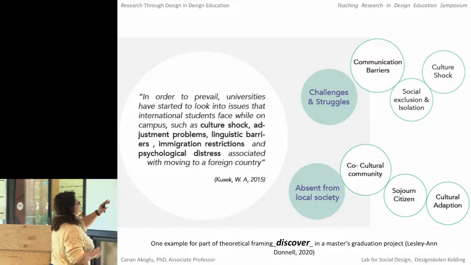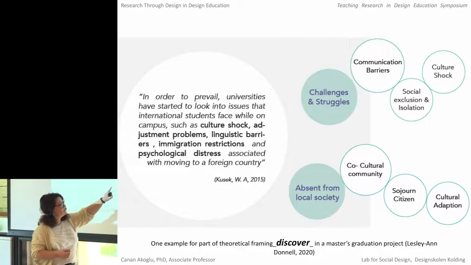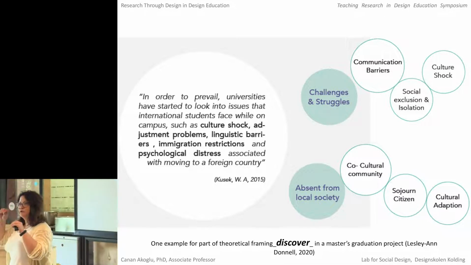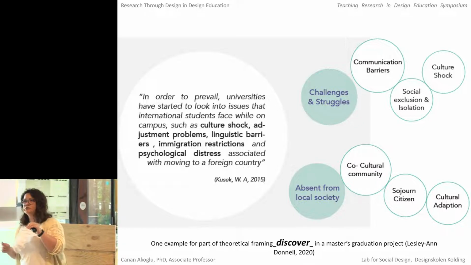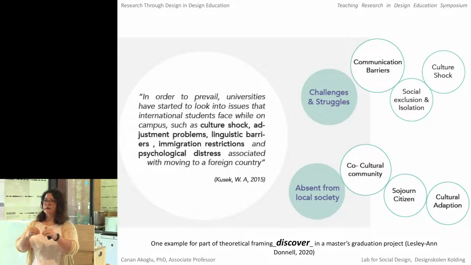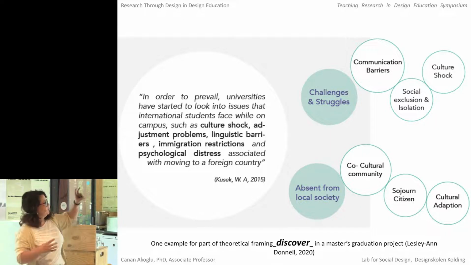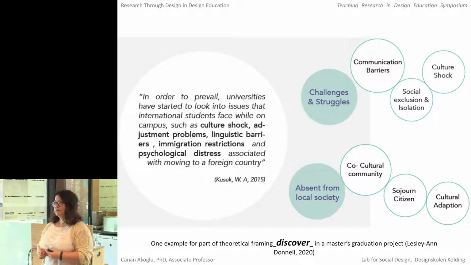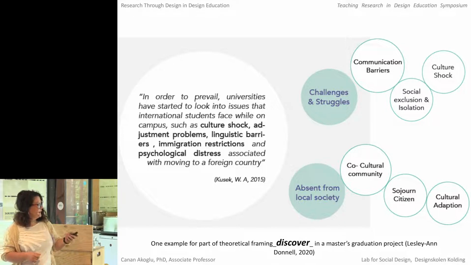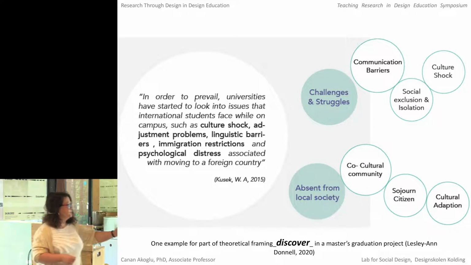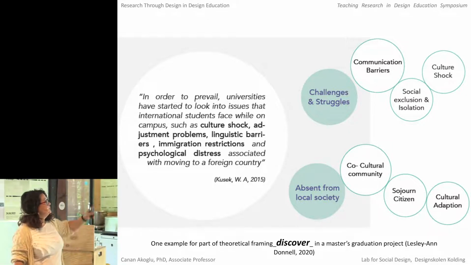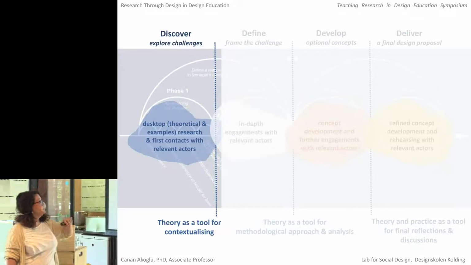And what she found out, I put a code here, and then some of the key themes that are taken from the code and interpreted on the code, to show you how this piece of small theory, as it's seen here, could be used as a way for contextualizing the topic. And that goes into the discover phase in the model that I showed you. It's the first one, as you see here.